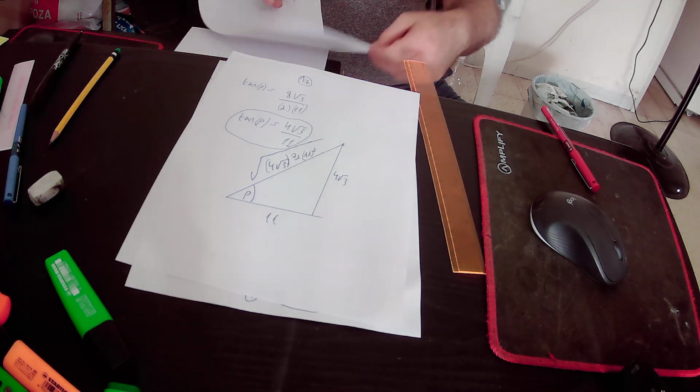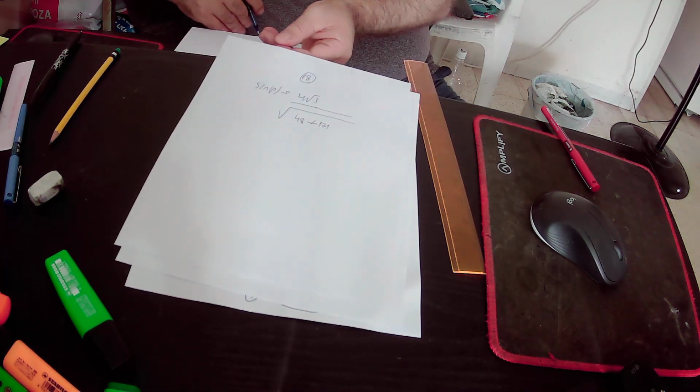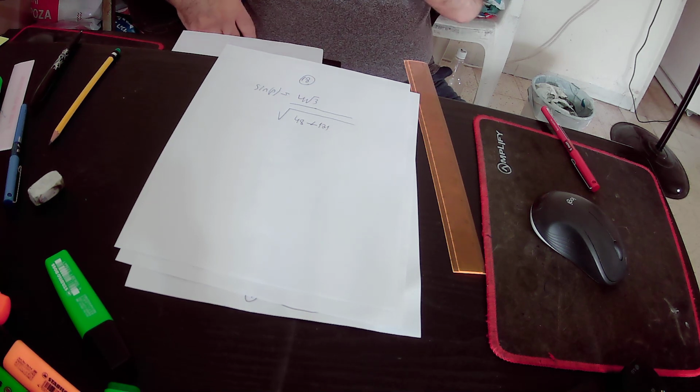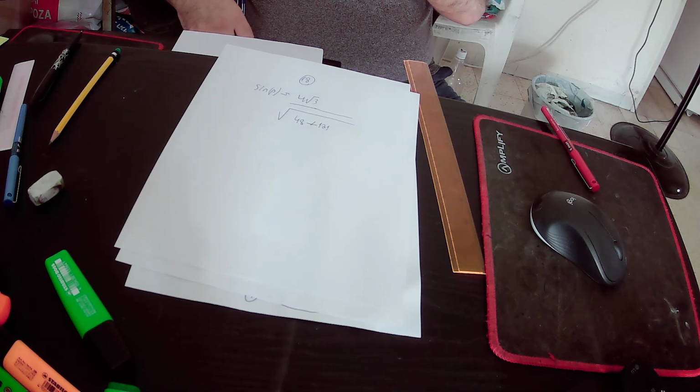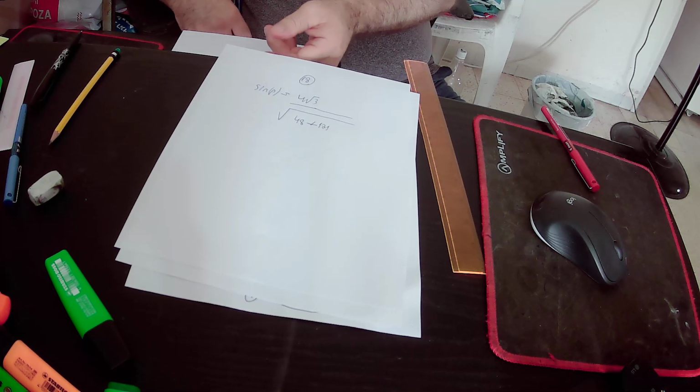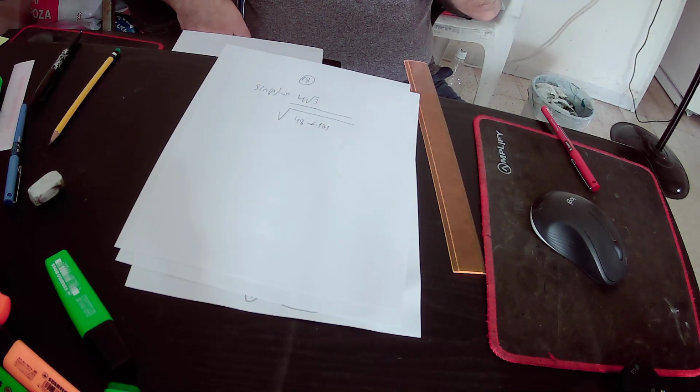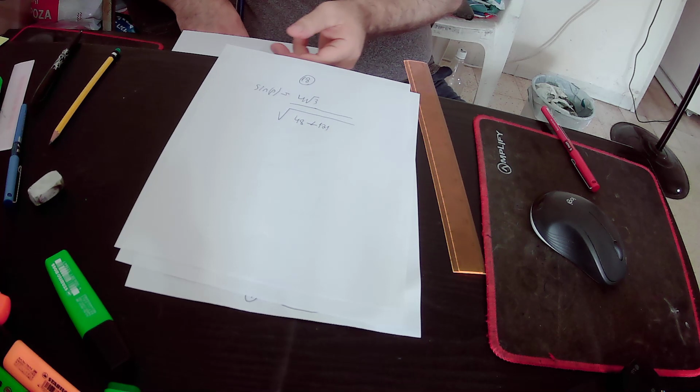So we found that sine P equals 4 times root 3 over the root of 48 plus 121. 48 plus 121 is 169, and the root of 169 is 13.